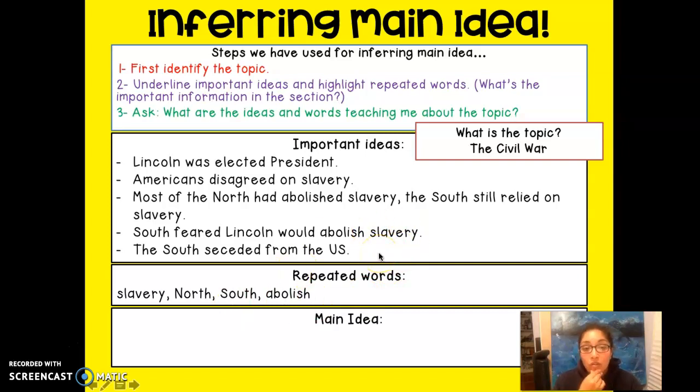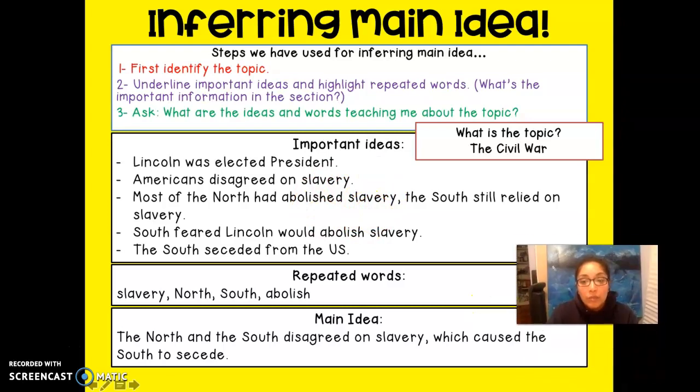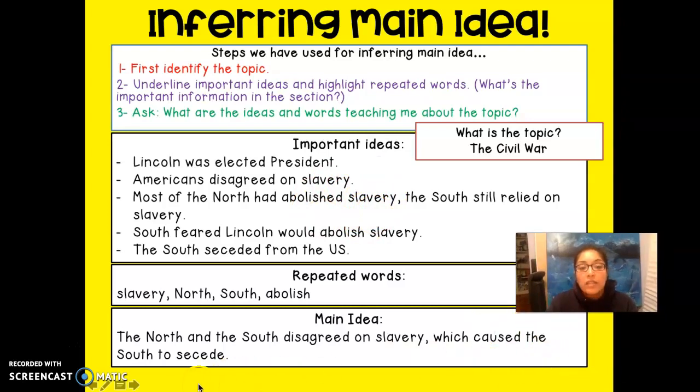And this resulted in a huge action, the South seceding. So I think that's what this is mostly about. The North and the South disagreed on slavery, which caused the South to secede. Did you get that right? Hopefully you did. Okay, because the next step, we're going to figure out the important details.